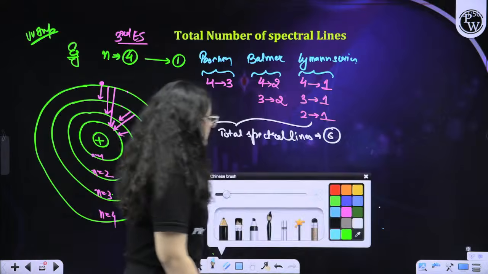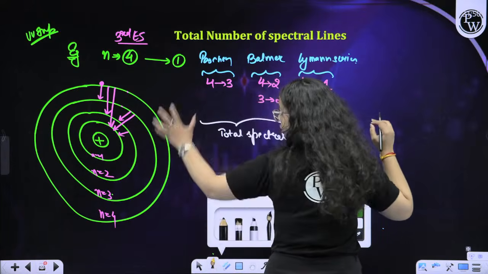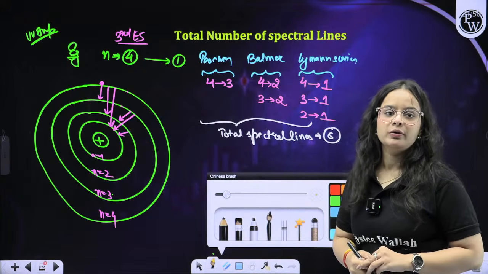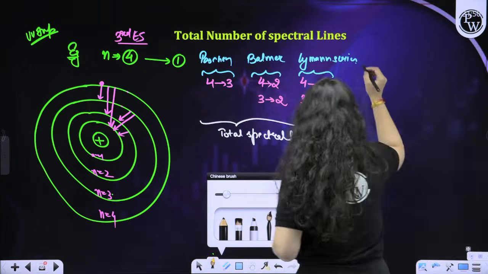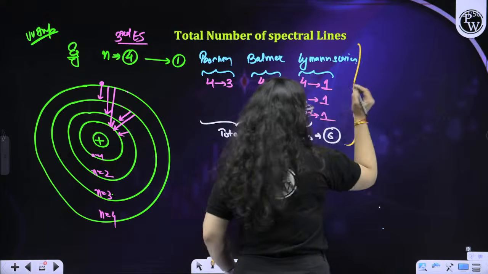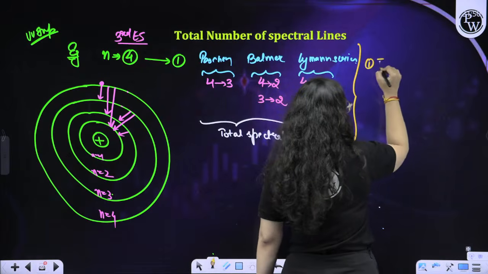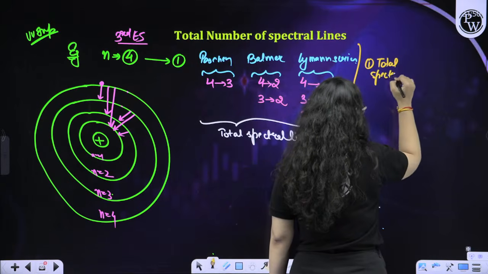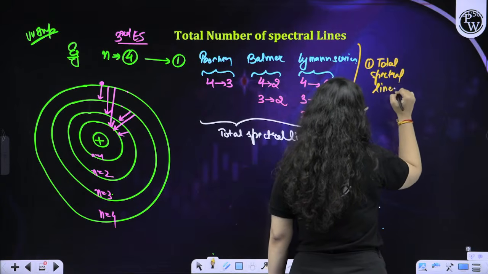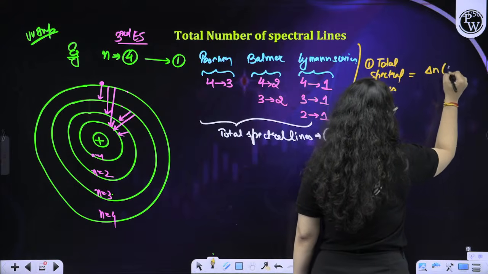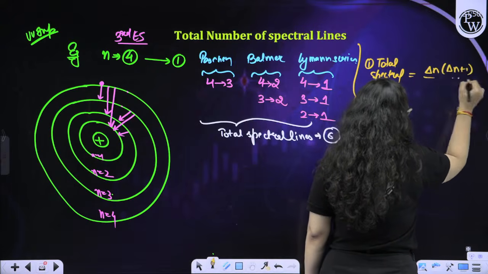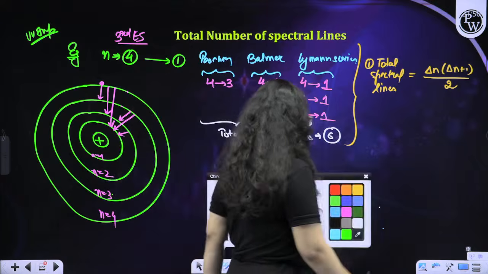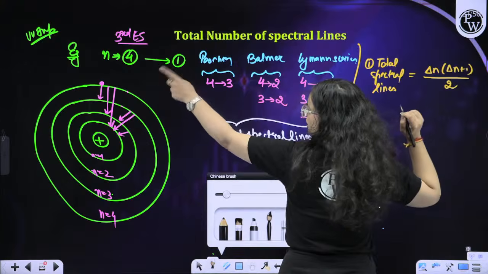Now the question arises: do we have to do all these things, or is there a simple formula we can use? Yes, beta, you can use one. The first formula for the total number of spectral lines is delta n into delta n plus 1 upon 2. Delta n is the change in the transition.